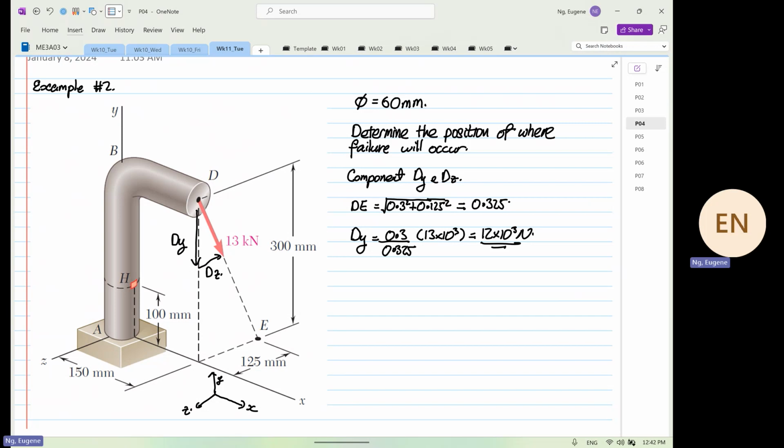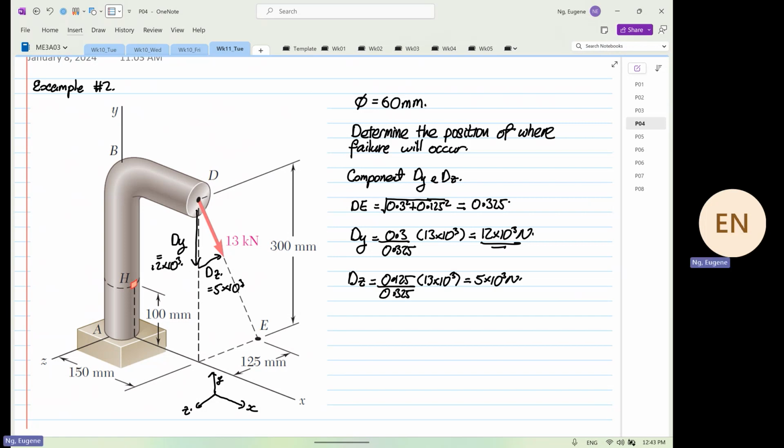And then you determine your dz. dz is equal to 0.125 divided by 0.325 multiplied by 13 times 10 to the power 3, which is equal to 5 times 10 to the power 3 Newton. So we know that dz is 5 times 10 to the power 3 and dy is 12 times 10 to the power 3.